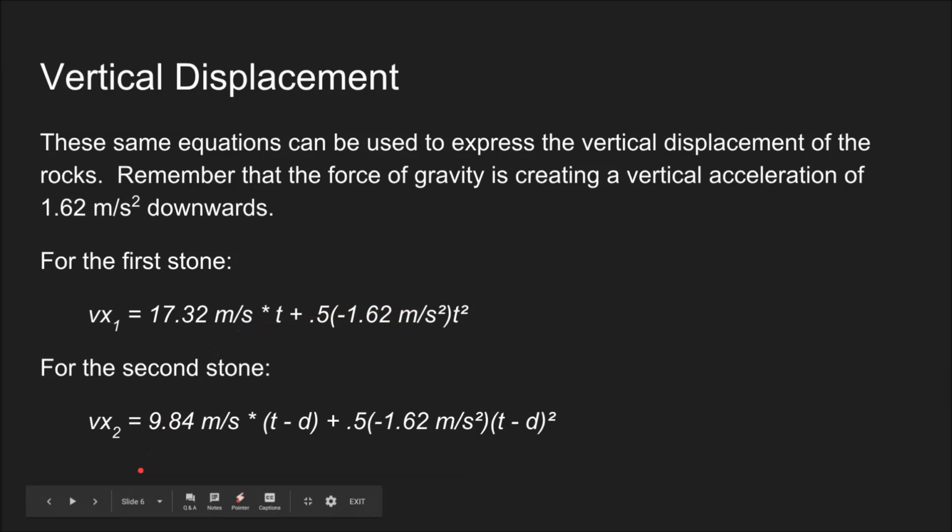And for the second stone, we'll get 9.84 meters per second multiplied by time minus the delay plus half of negative 1.62 meters per second squared multiplied by the time minus the delay squared.